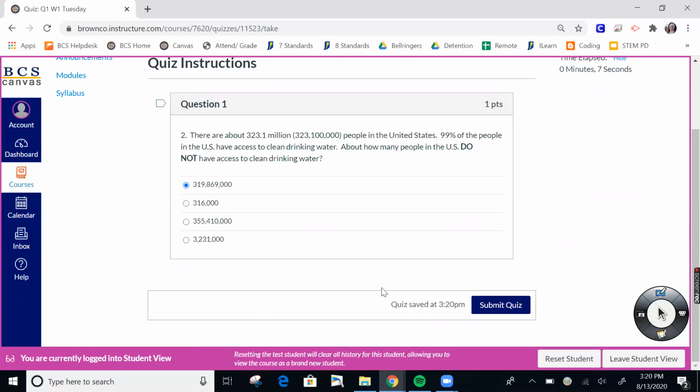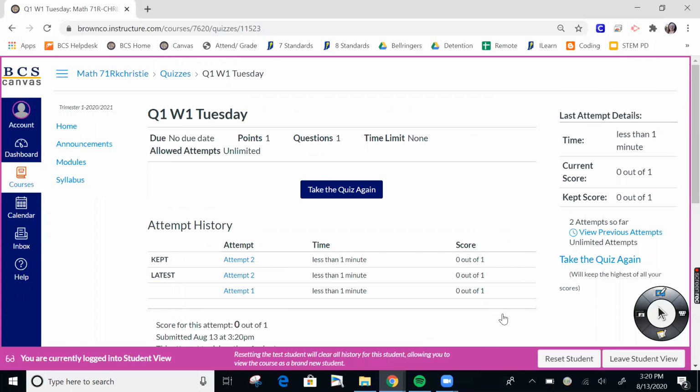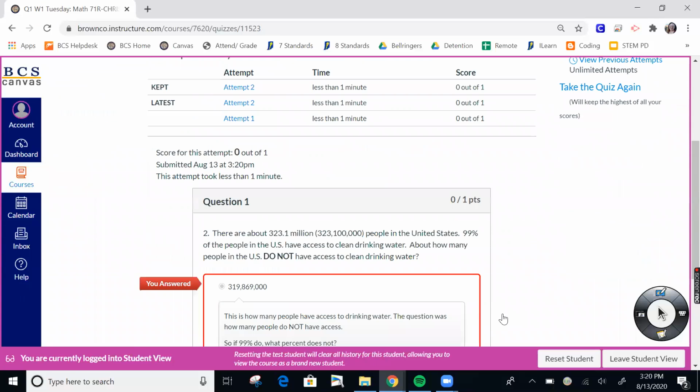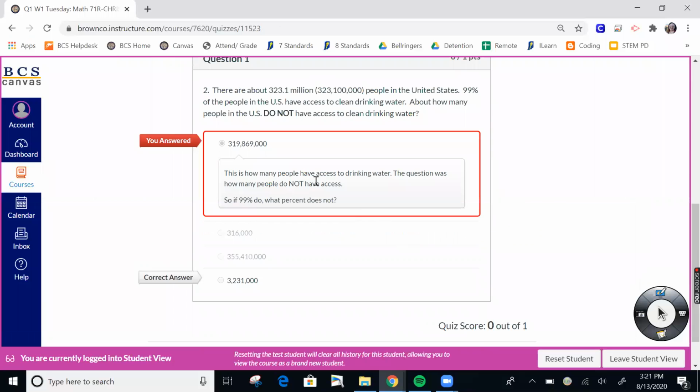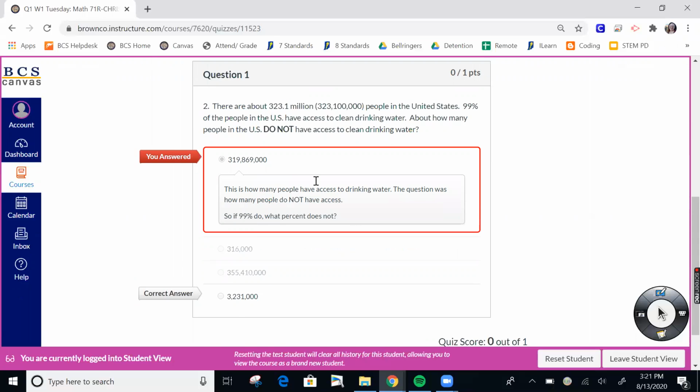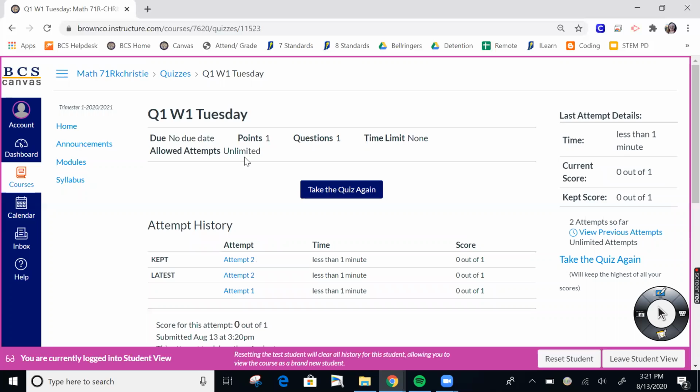I can do that quiz again as many times as I want for the most part. There will be some things that take me a little bit longer, like a quiz. So if I'm grading an actual quiz, you're probably only going to have 1, maybe 2 attempts at that. But for bell ringers, you can take it any time.